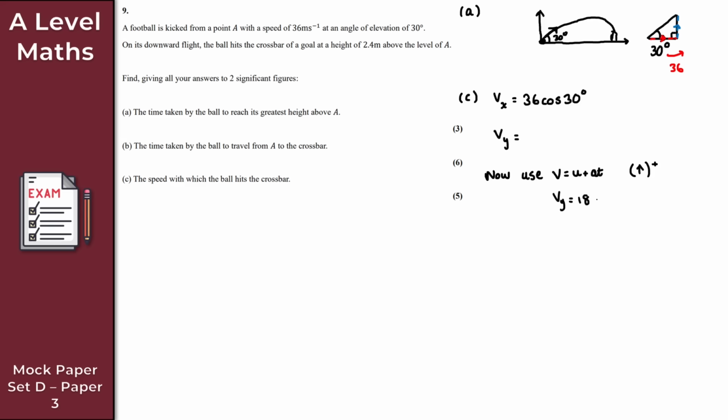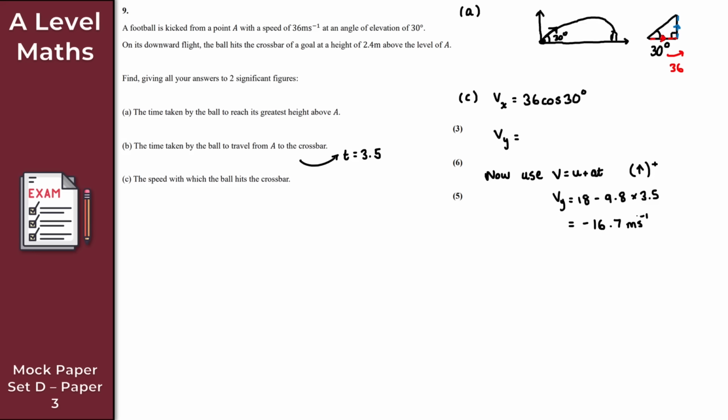So 18 minus 9.8 times T. Now T here is the value that we just found in part B, 3.5. So it's 18 minus 9.8 times 3.5. If we evaluate this, what we get is minus 16.7 meters per second.